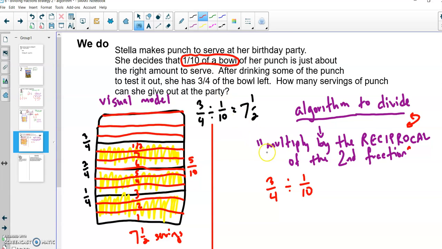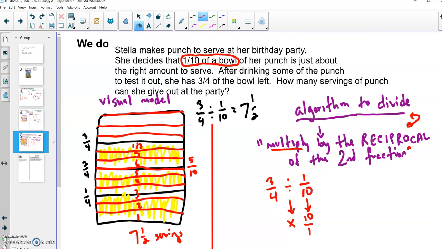So the way I'm going to do that mathematically, with an algorithm, is to multiply by the reciprocal of the second fraction. So instead of dividing, I'm going to multiply. And I'm also going to take the reciprocal of the second fraction. Those are the two things that change.